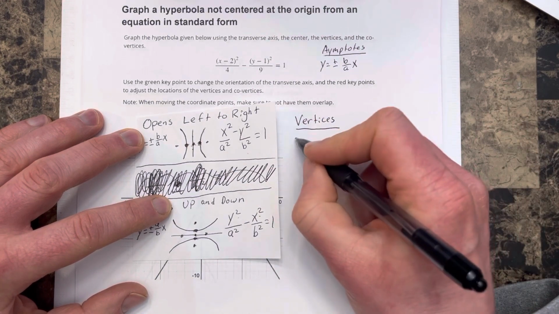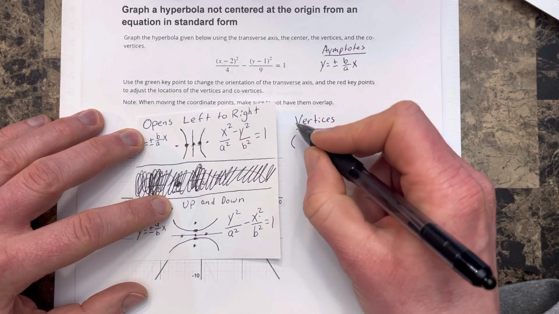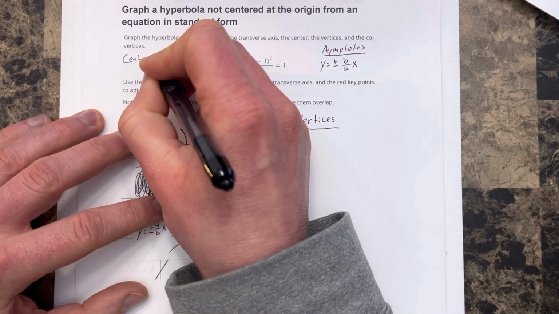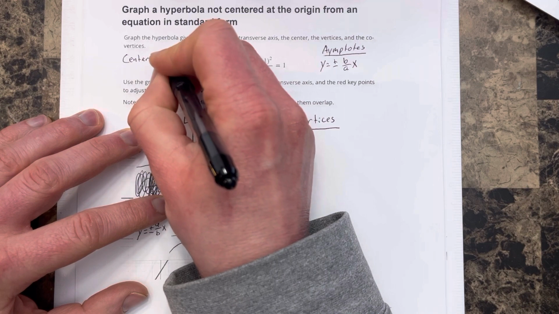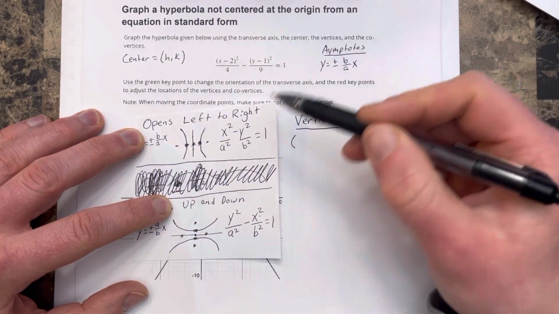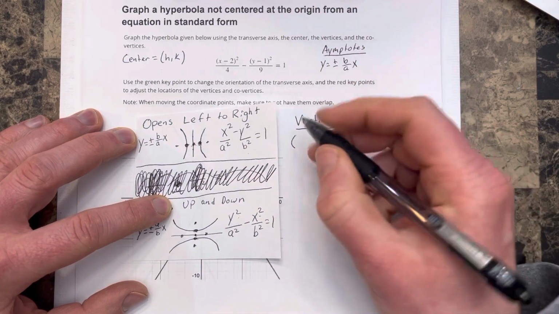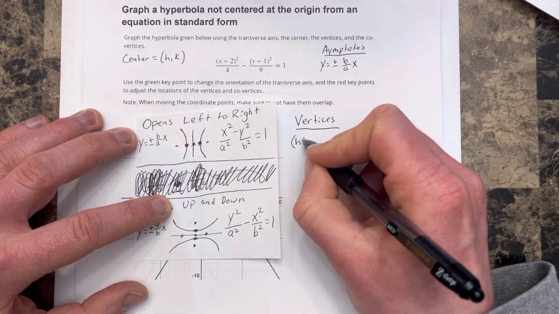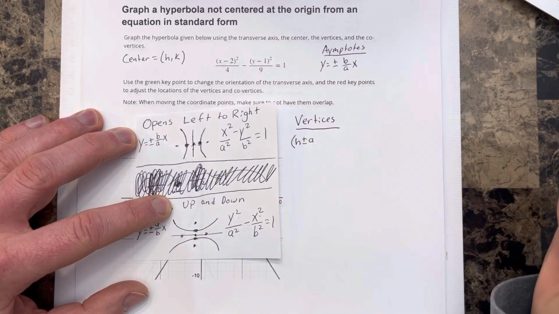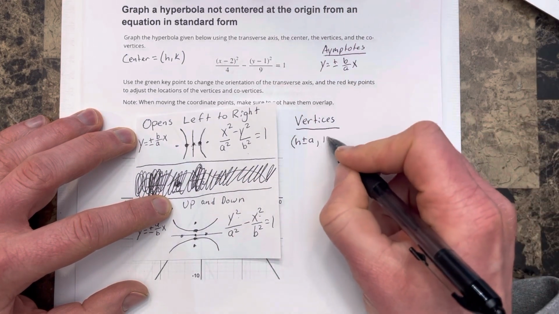So we'd have the center, which is always h comma k. So if we're moving side to side here, that's going to be h plus and minus a, because a is always the distance from the center to the vertex, comma k.